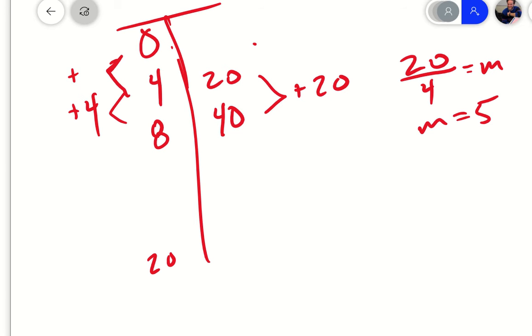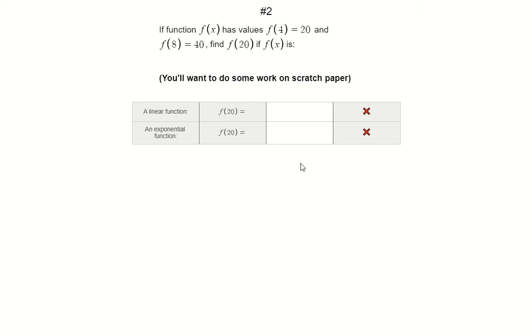So this is plus 4, so I'm working this way. 4 minus 4 is 0. And then this is going to be 20 minus 20, which is 0. So there's actually no y-intercept. It's just y equals 5x. Oh, I wasn't supposed to do that yet.